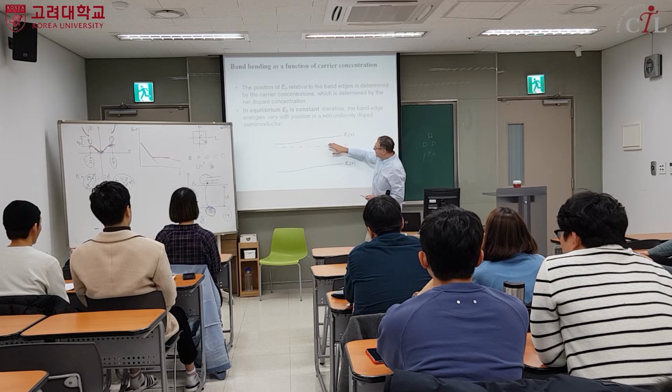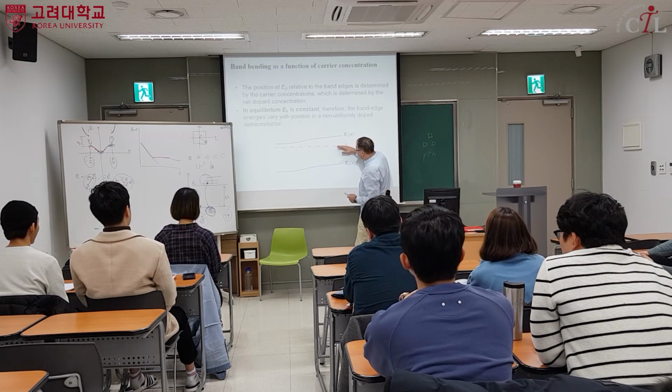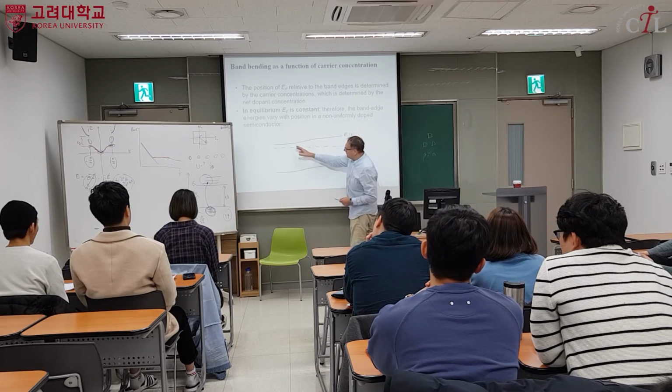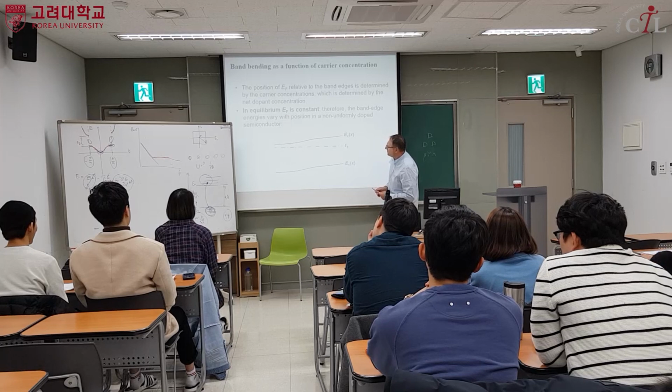So then what happens is that the band is bent to fit the Fermi level between these two parts, heavily doped part and lightly doped part, correct?